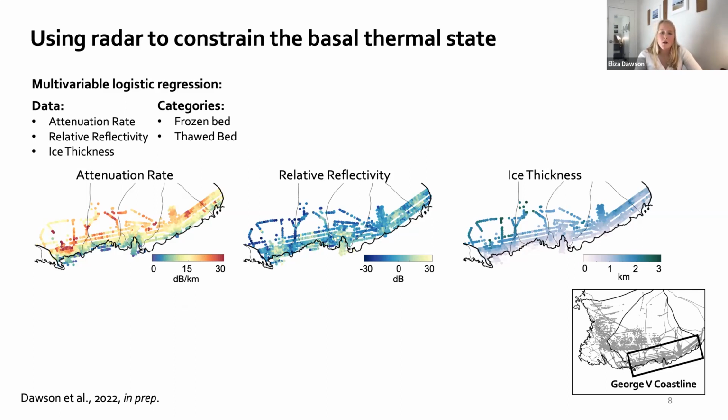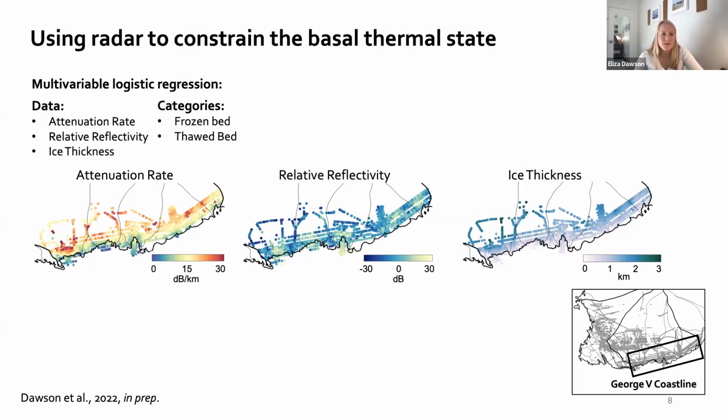And then I also plot this spatially, which you can see: attenuation rate, reflectivity, and ice thickness. You can see the variation along the margin where you have higher attenuation and higher reflectivity dispersed between lower attenuation and lower reflectivity patterns. And then you can also see the ice thickness that I get out of the data.